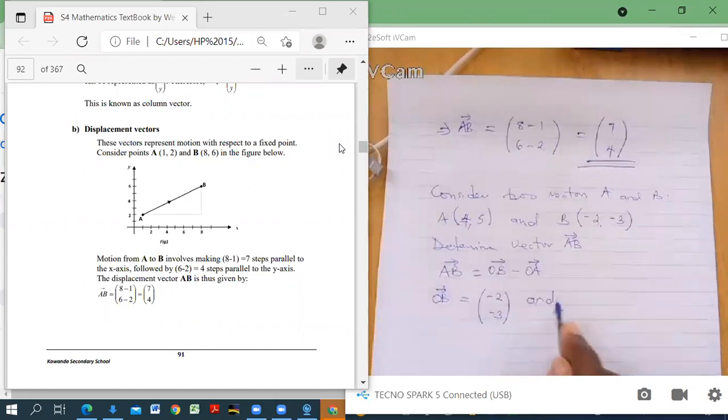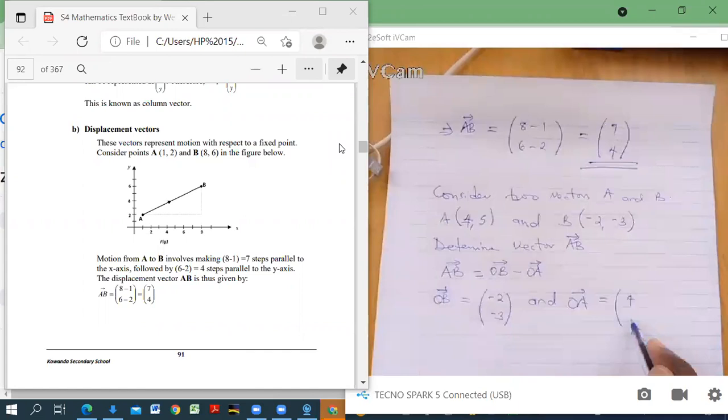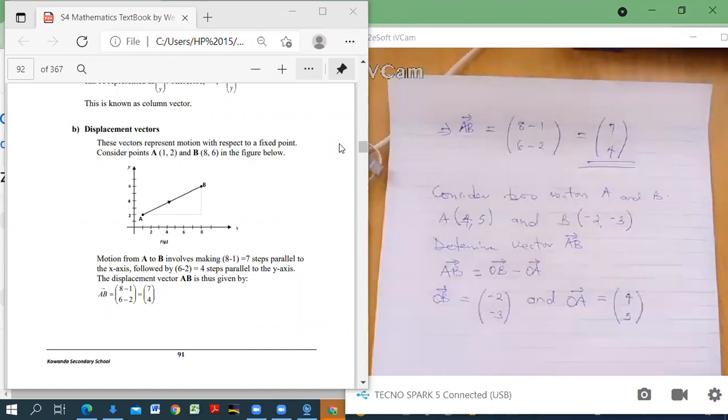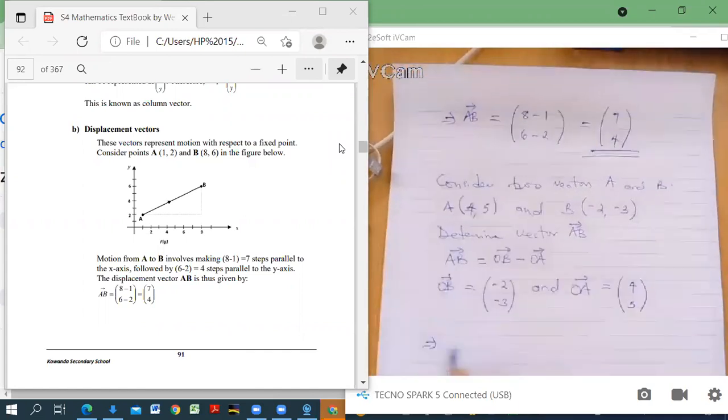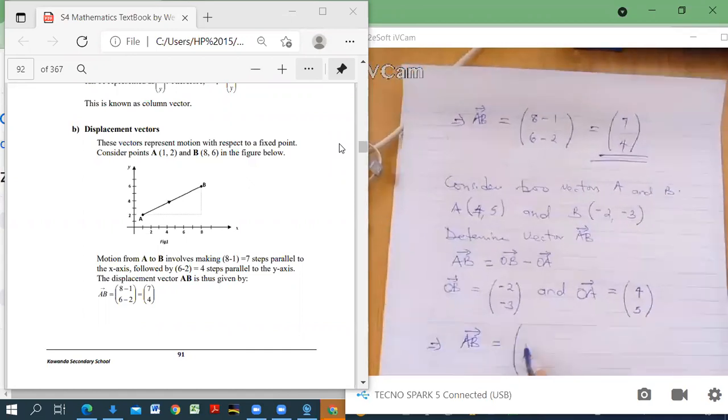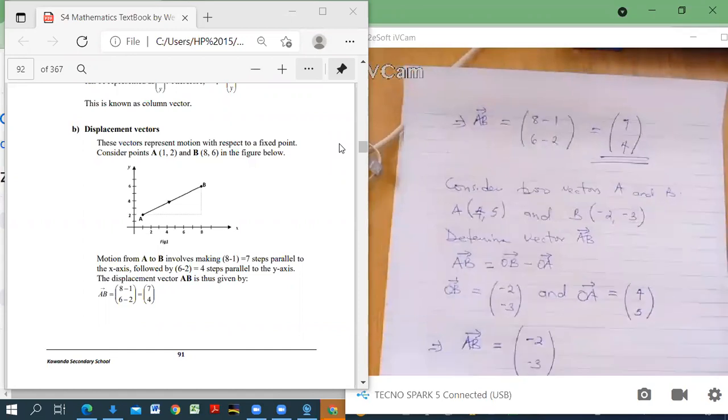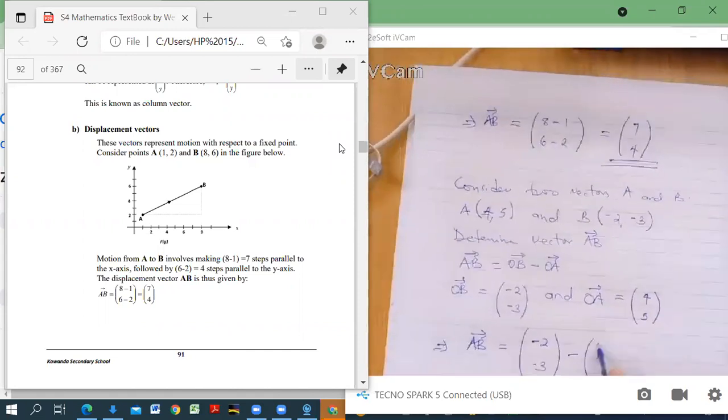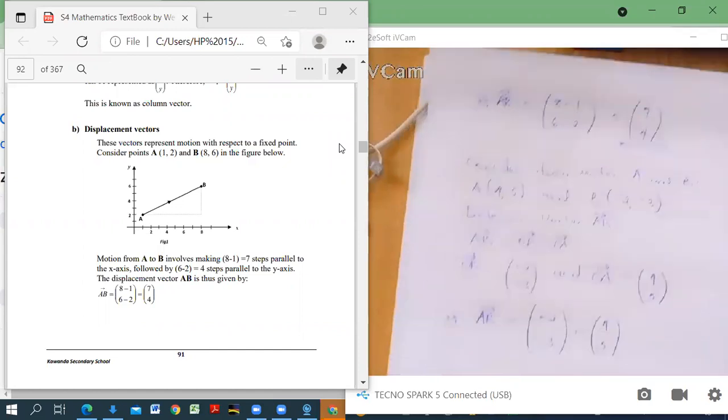And OA is equal to 4 and 5. Now can we substitute? So our AB will be equal to OB, which is -2, -3, minus 4, 5.